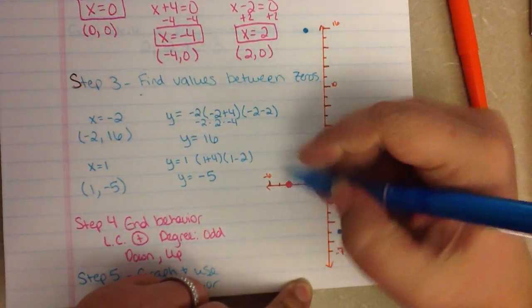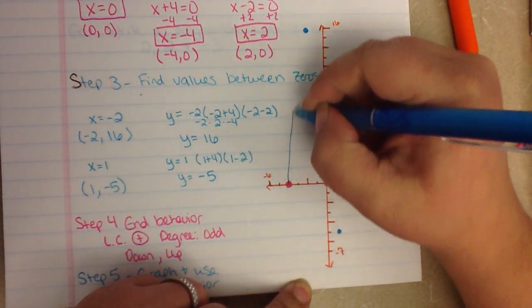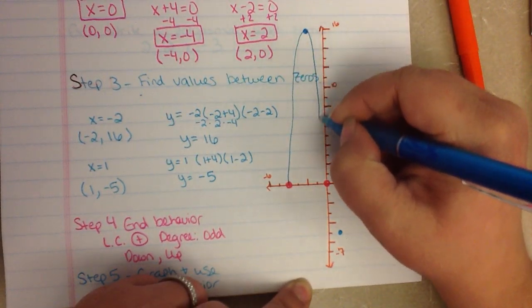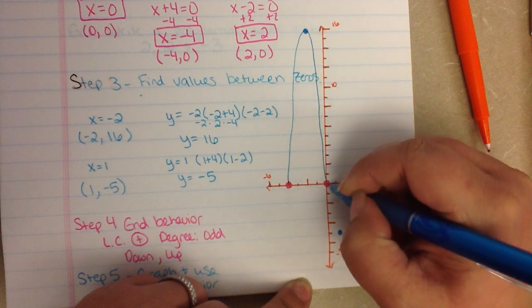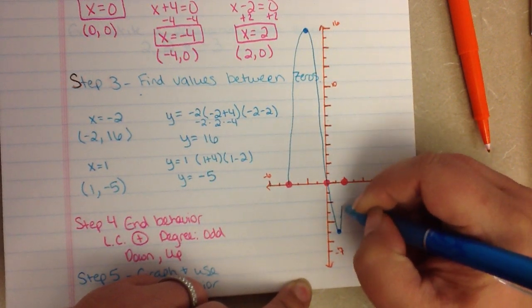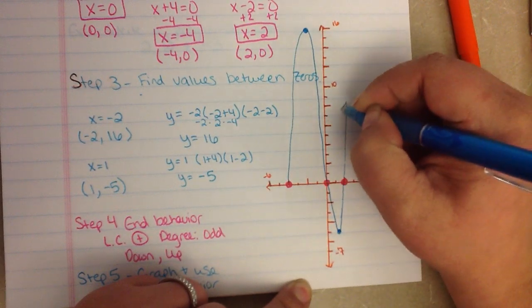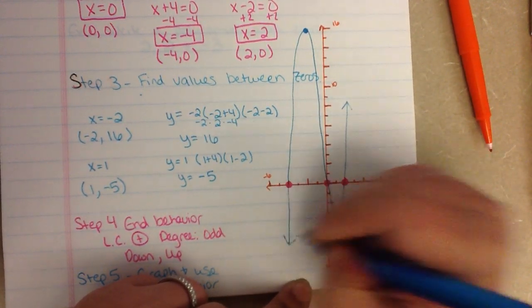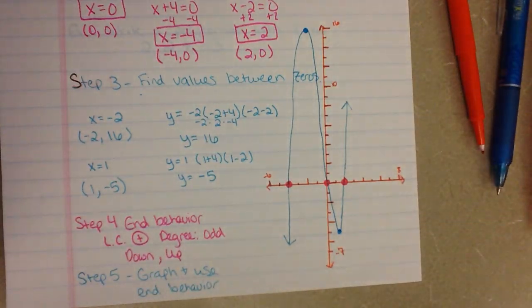So from this 0, I'm going to go up and grab this point, back down, through the next 0, down to this point, grab it, and then back up with an arrow for my end behavior, and that one's going to go down with an arrow for that end behavior. That's what my graph would look like. And if you wanted to check yourself, you could look at your graphing calculator and see if that looked close.